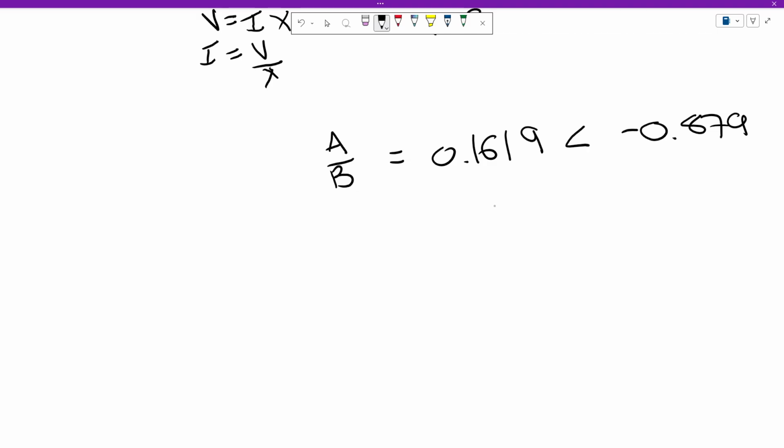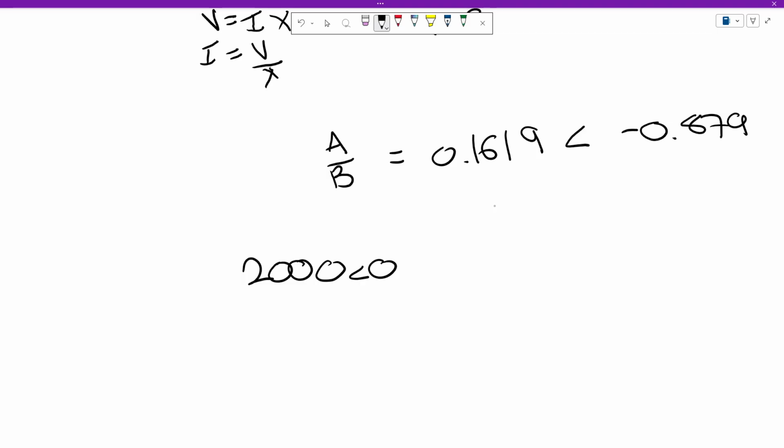What we can do after this is multiply this current by the individual value of the resistor to get the voltage over the resistor, or multiply by the individual value of the inductor's reactance to get the voltage over the inductor. I'm going to multiply it by the resistance because the resistor has an angle of 0.